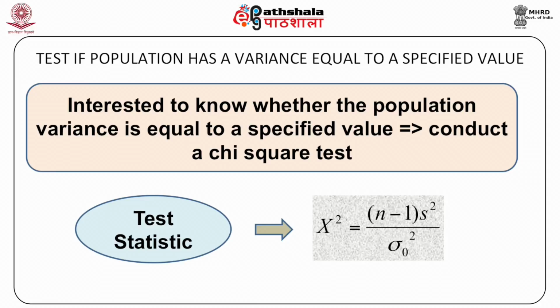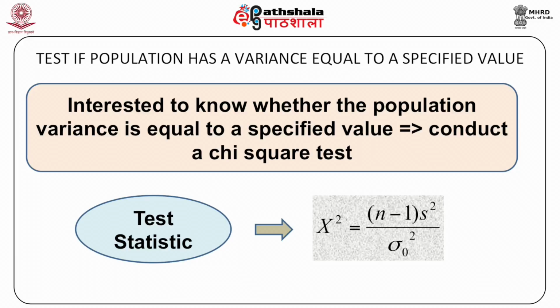The next application is to test if the population has variance equal to the specified value. Very often we are interested to know whether the population variance is equal to a specified value. For this purpose, we conduct a chi-square test.